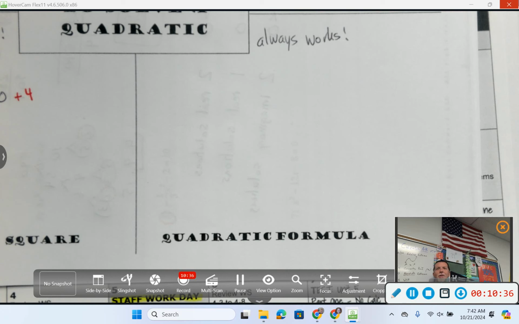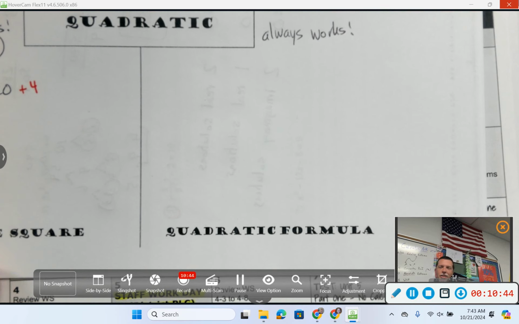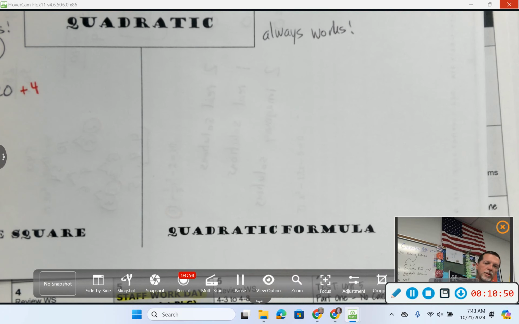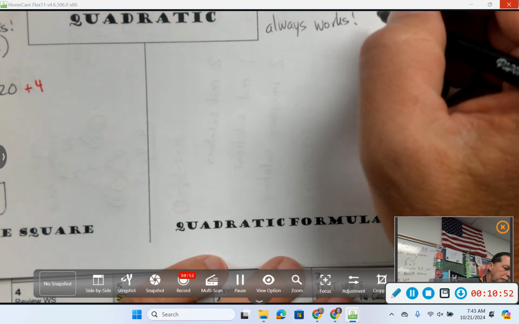That is a true statement. Except when I tell you, solve this by completing the square. Because we'll do some things later that require us to complete the square. So we'll keep forcing you into that method, even though on your own you would probably pick the quadratic formula.